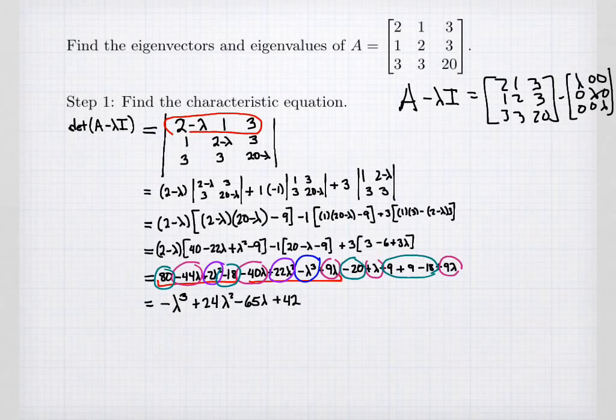So that's my characteristic polynomial, and I need to solve the equation negative lambda cubed plus 24 lambda squared minus 65 lambda plus 42 equals 0.